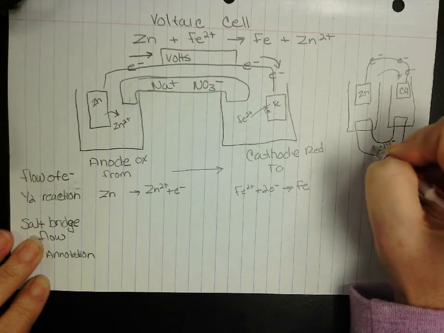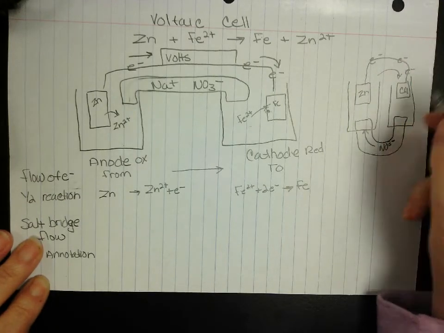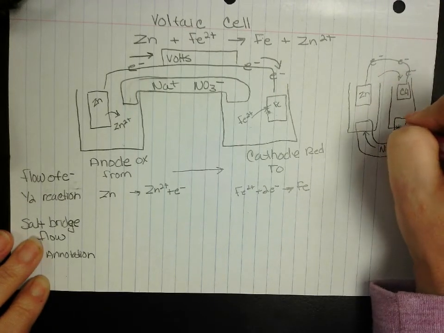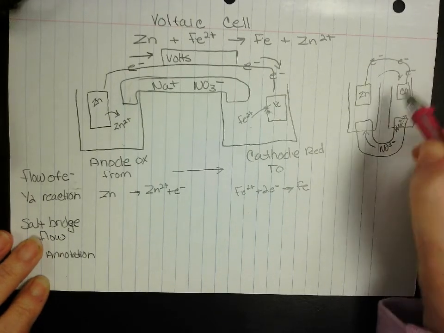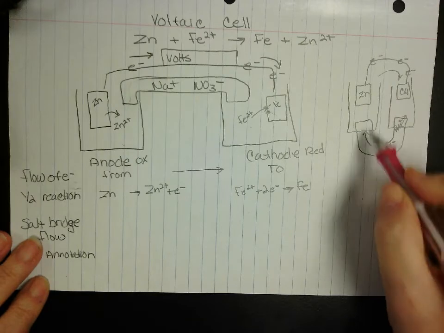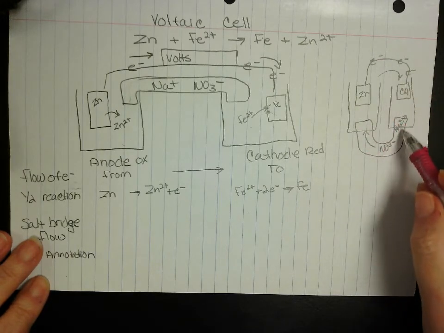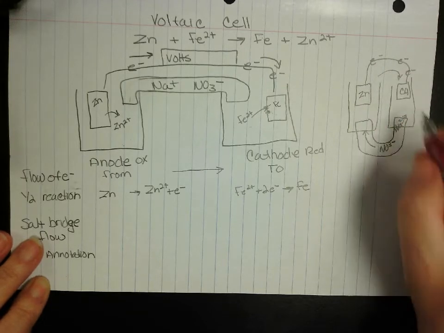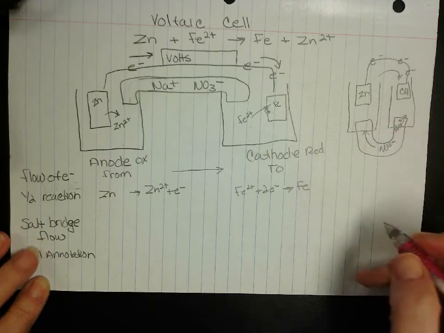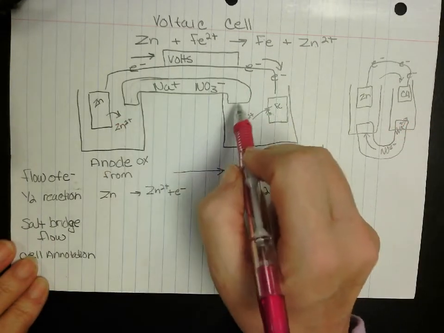So nitrate is going to keep the negative flowing in the same direction, which means the positive sodium is going to flow this way. When you look at it upside down, you see it's just this big negative circle loop where electrons and negative ions keep flowing around in a circle. I think that's easier to see the flow if we do it upside down. They draw it like this because this is actually how it looks in the lab.